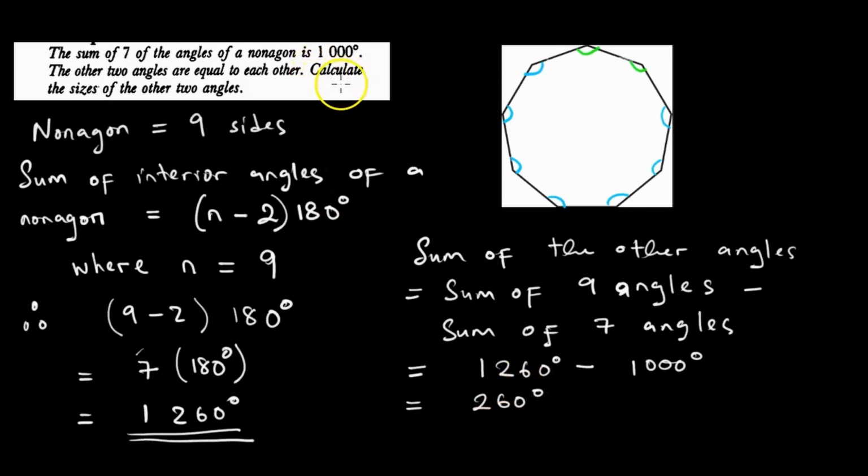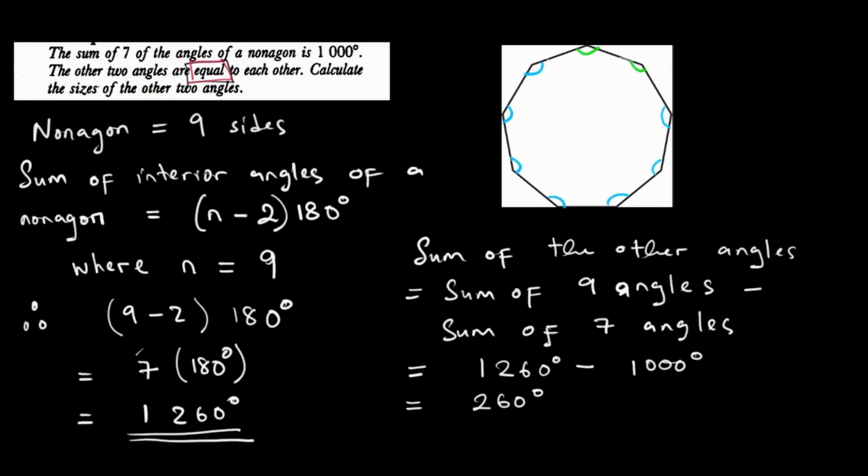Then let us reread the question. Calculate the sizes of the other two angles. The word sizes is telling us that we want the size of each angle. But we have been told that these are equal. We shouldn't forget that once the other two are equal, if we find one we have found them all.